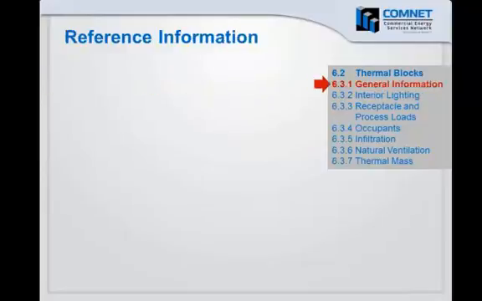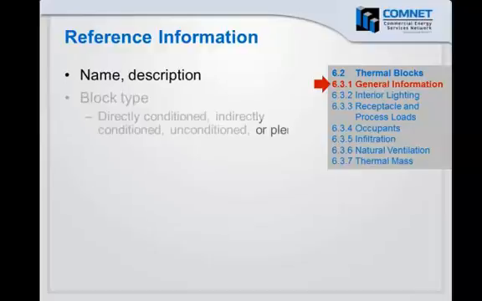So starting with general information, basically each thermal block would have a name of some sort and perhaps a description. There would be a block type associated with it. This is really a 90.1 feature.